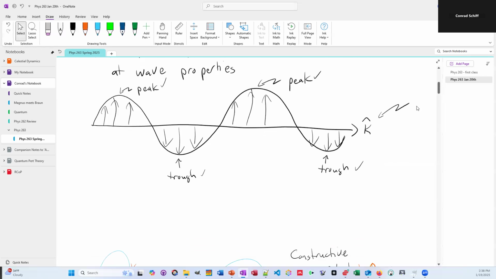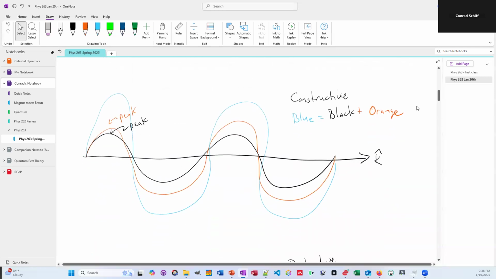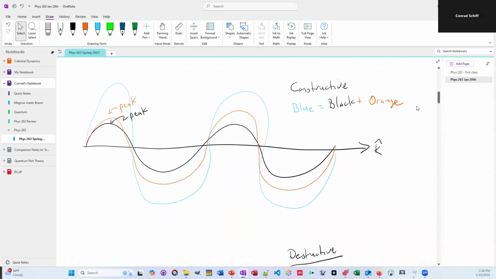So as the wave propagates, what we're going to be interested in eventually is what happens when we have more than one wave, or what happens if we split the wave in some fashion. And so interference is all about this idea of having 2 individual waves, the black and the orange pictured here, and how do you add them together?